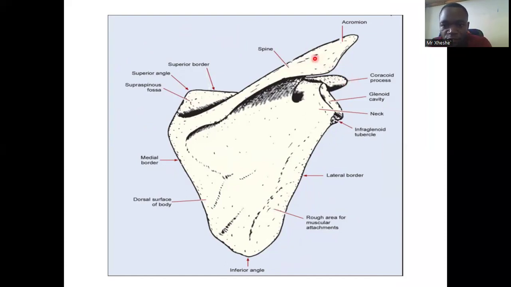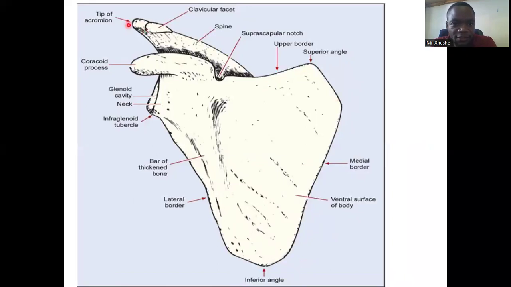The one that lies superior, look at that, this is inferior. The one that is superior is also posterior. Check it out. This is posterior, this is in front. So the inferior one, apart from being inferior, is anterior at the same time. The superior one, apart from being superior, is posterior. It's at the back.